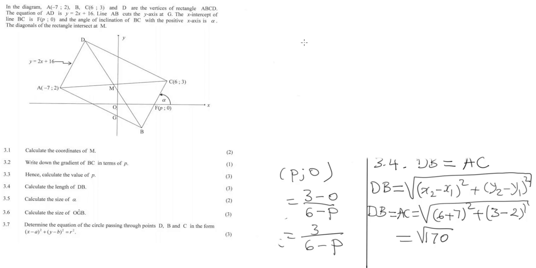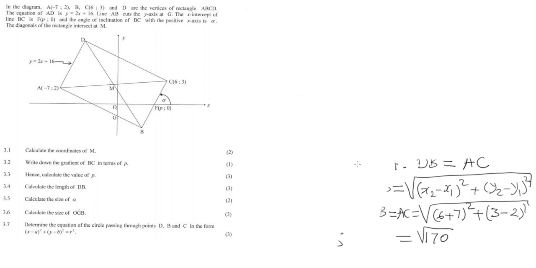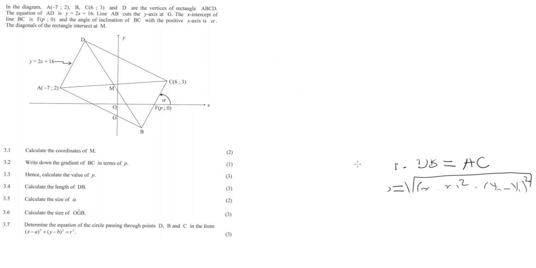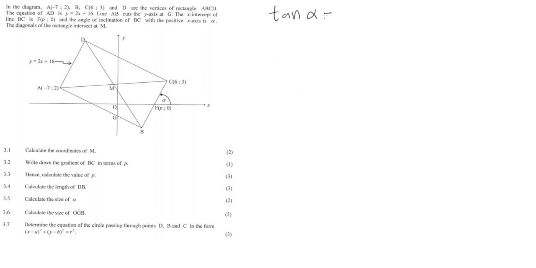What is the size? The size of alpha. Remember, this line is parallel here, which means this angle gives us the gradient. Because remember, tangent alpha is equal to the gradient.